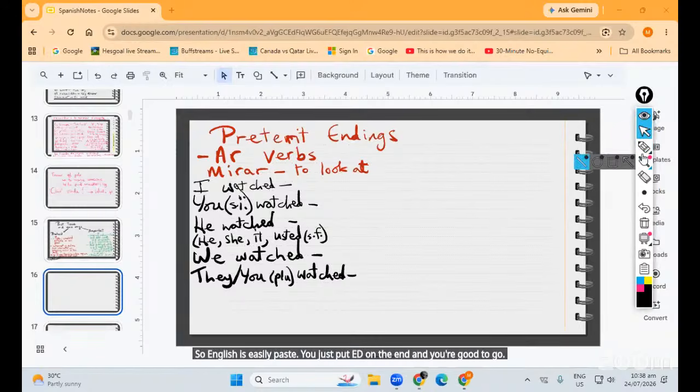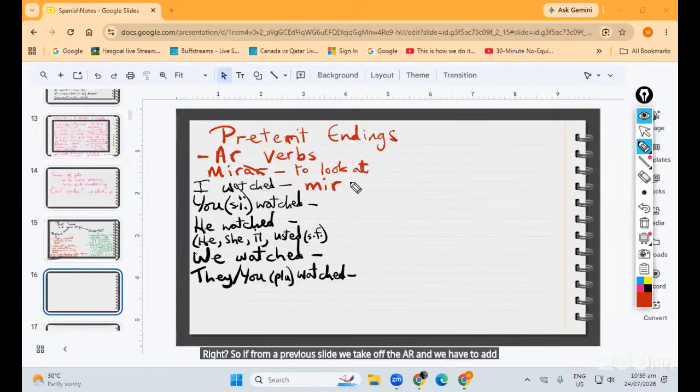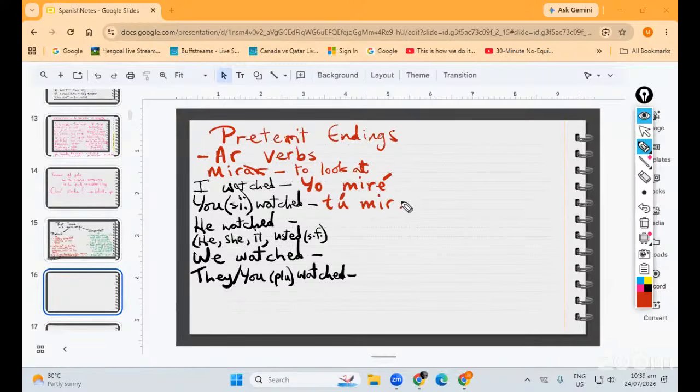But in Spanish, what happens? We take off the AR. Right? So if you remember the previous slide, we take off the AR and we have to add, for the yo form, mire. Sorry, let me write out the subject pronouns too. Okay, I think we will only get through preterite. Yo miré, tú miraste.